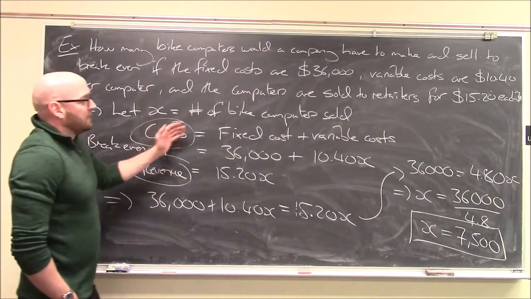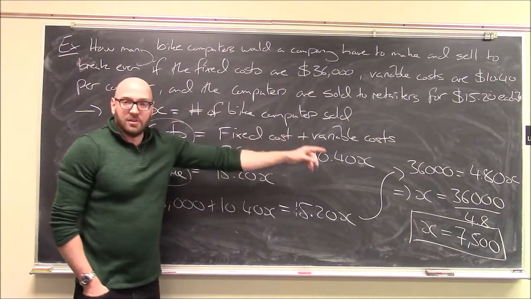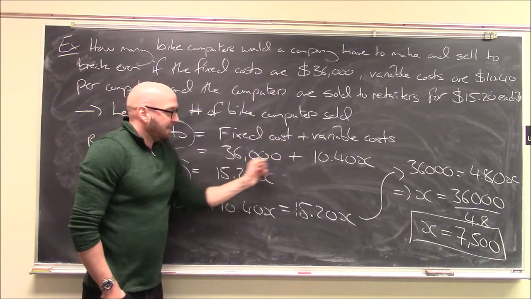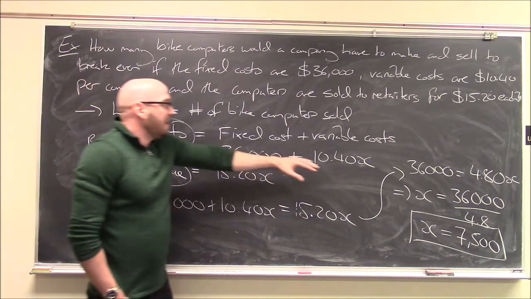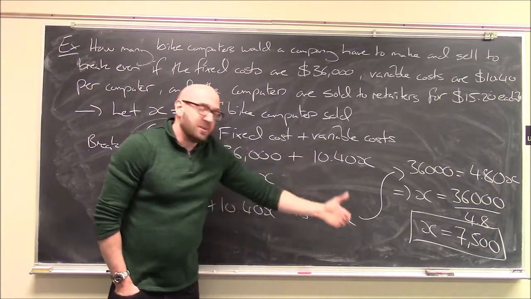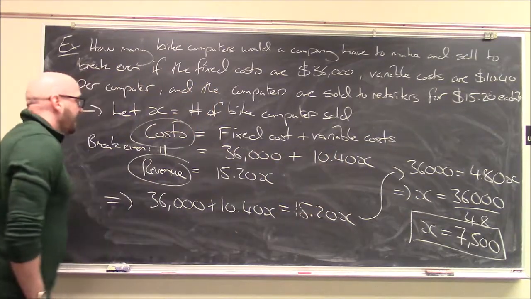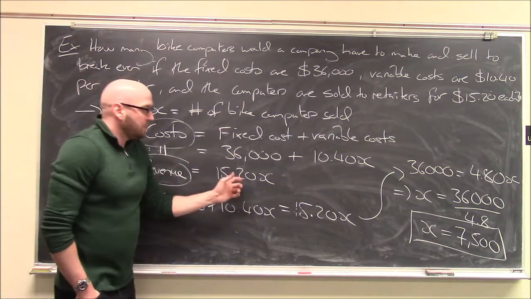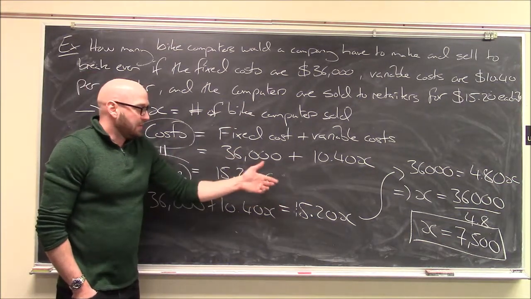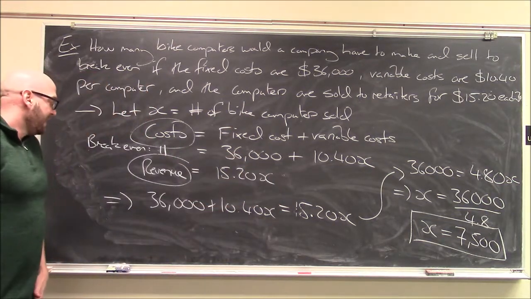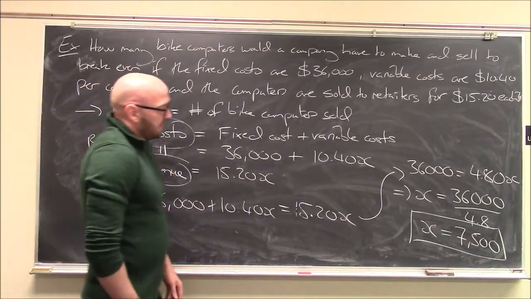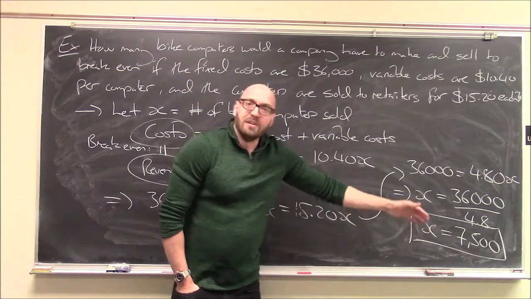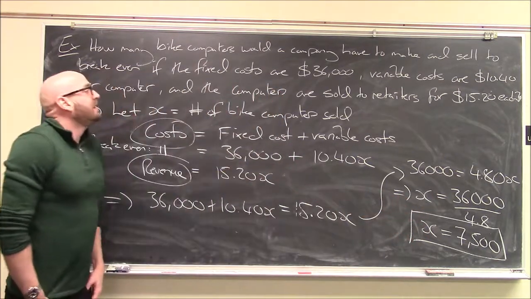So we set up an equation for cost, which is fixed cost plus variable cost, and this can be written in terms of x. It's the fixed cost, 36,000, plus 10.4 times the number of computers you sell, so times x. And the revenue is 15.2 times the number of computers you sell, times x. This gives us a linear equation that isn't particularly hard to solve, and the solution is, as we found, 7,500. So we'll stop here.